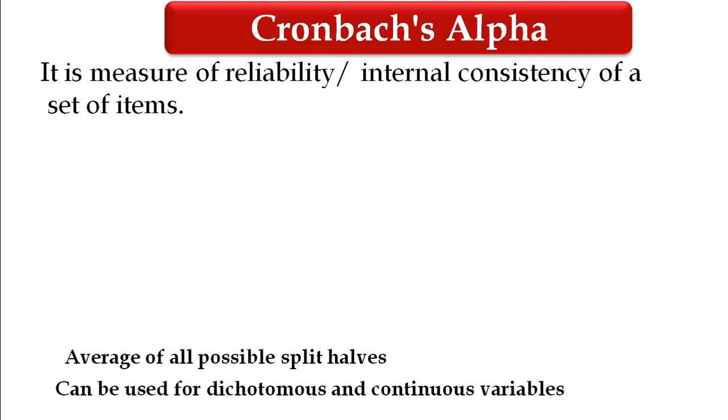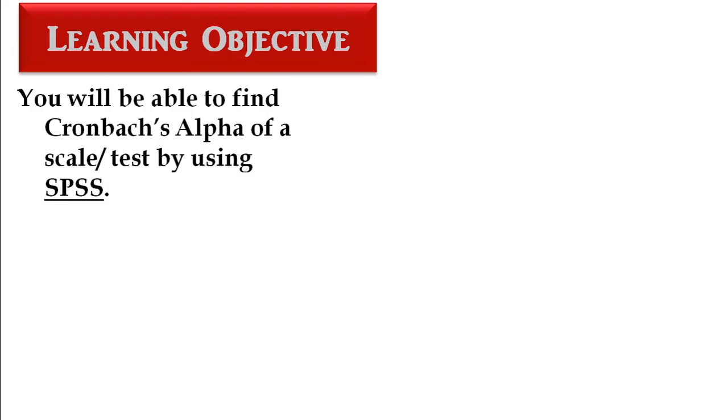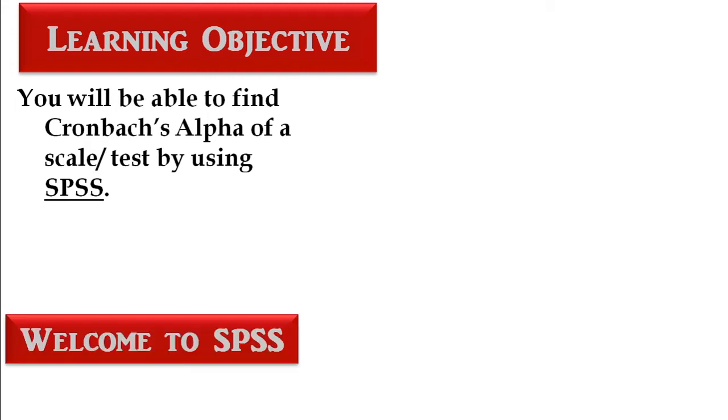Dichotomous means yes, no, up, down, which has two options. Continuous variable means 1, 2, 3, 4, 5. So the learning objective of this video is that you will be able to find Cronbach alpha of a scale or a test by using SPSS.